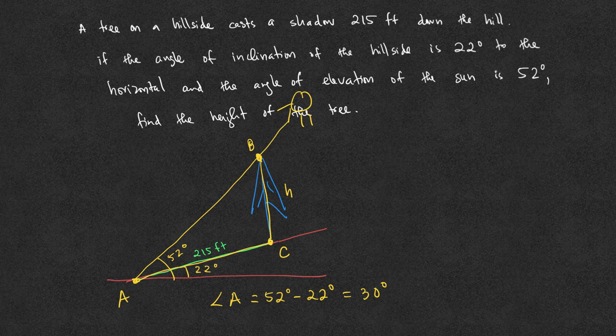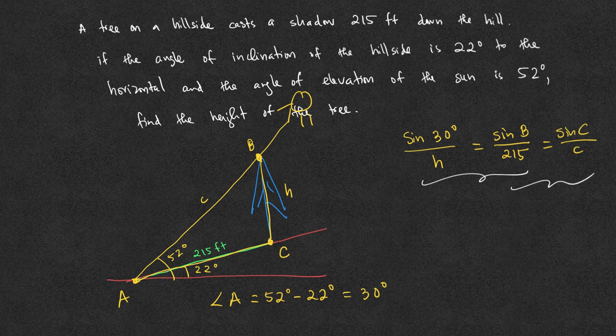Using the law of sines, we have sine of A, which is 30 degrees, over the height, which is what we want, equals sine of B over 215 feet equals sine of C over the length from A to B. Any of these equations that we extract from the law of sines in this case will have at least two unknowns, h and B. Using the first two ratios, we form the equation sine of 30 degrees over h equals sine of B over 215.